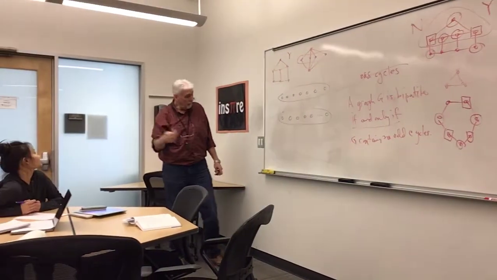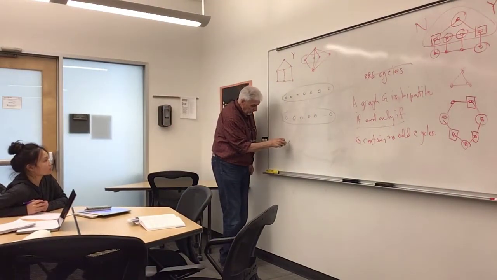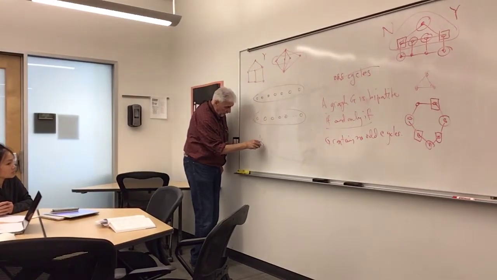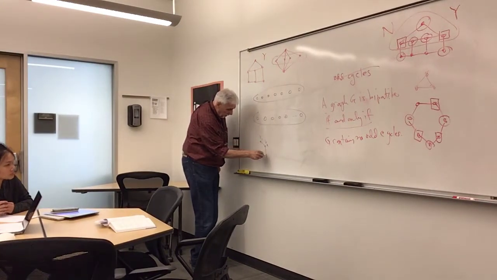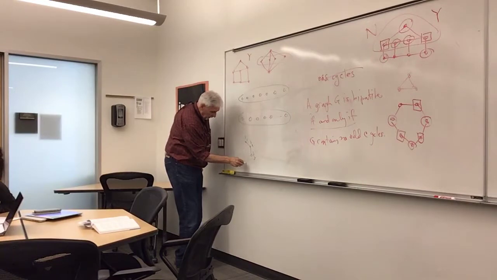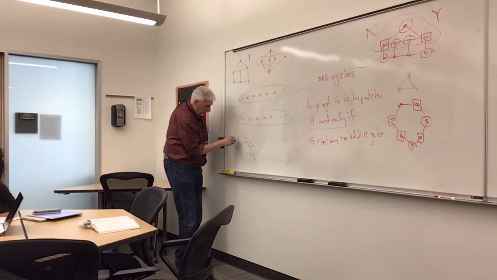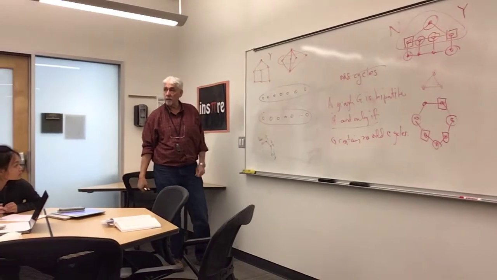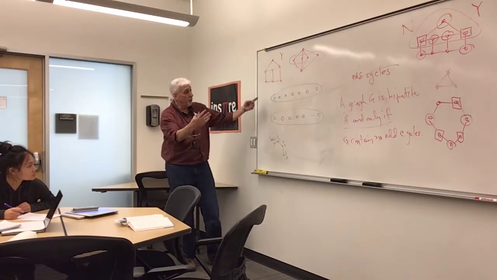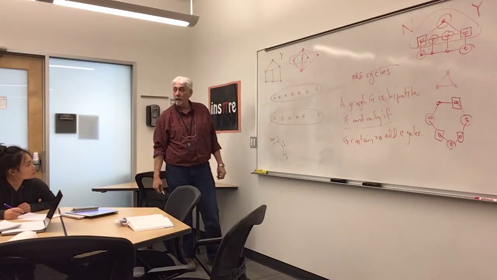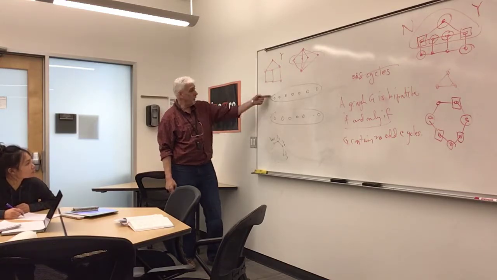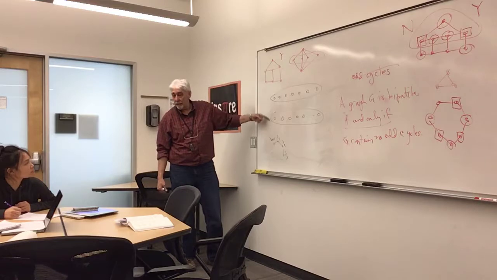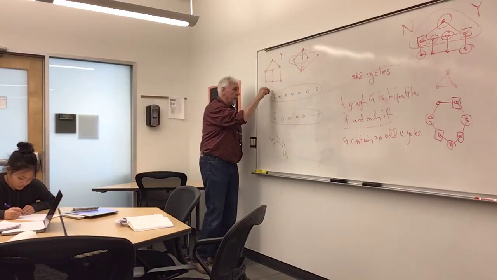Let's say the odd cycle is x1, x2, x3, up to x2k plus 1, and they're adjacent. That would be an odd cycle. Without loss of generality, let's assume that x1 is in the top. If it's in the bottom, we'll just swap it, right? So x1 is here.